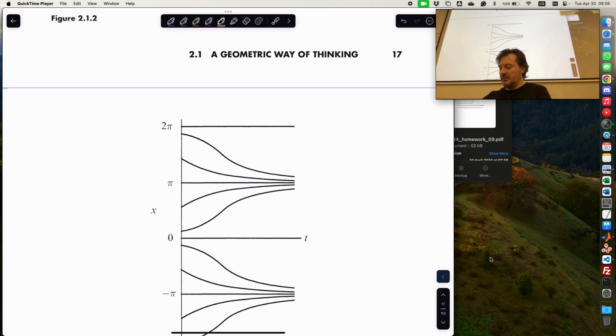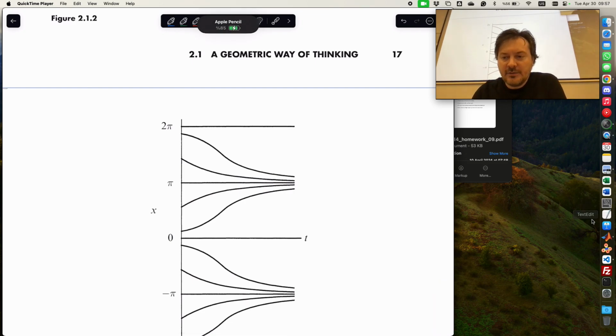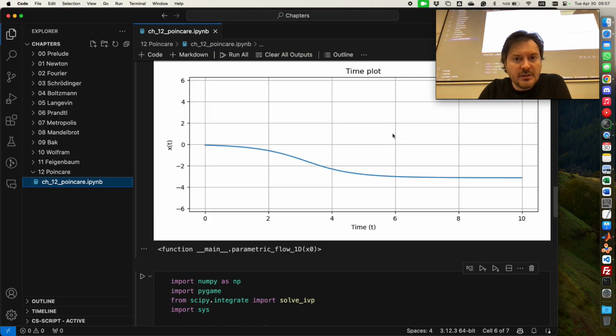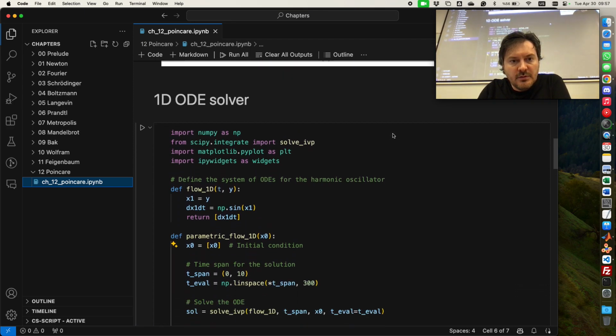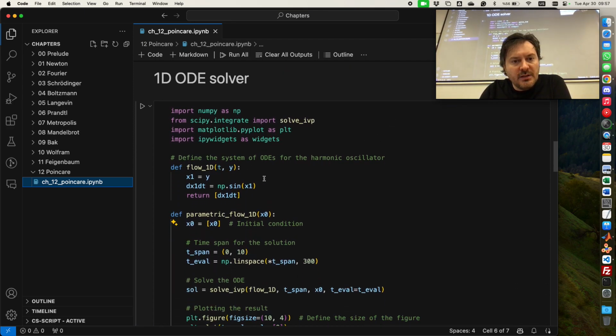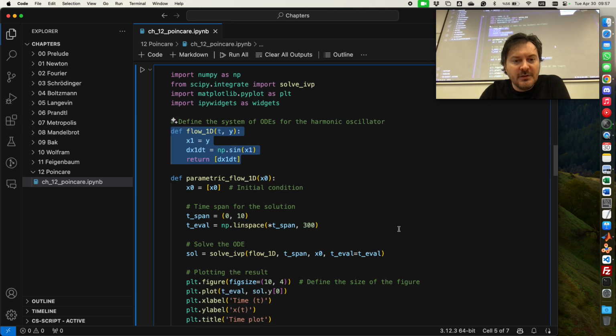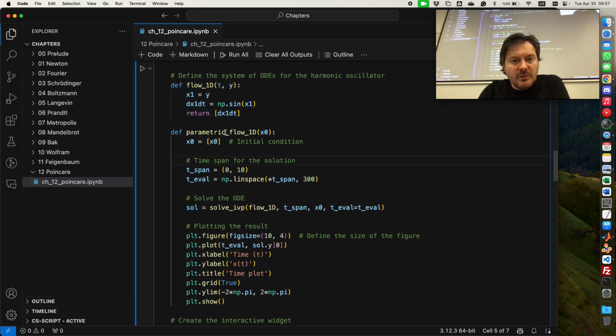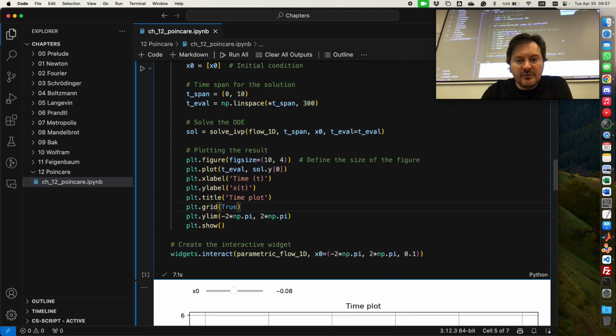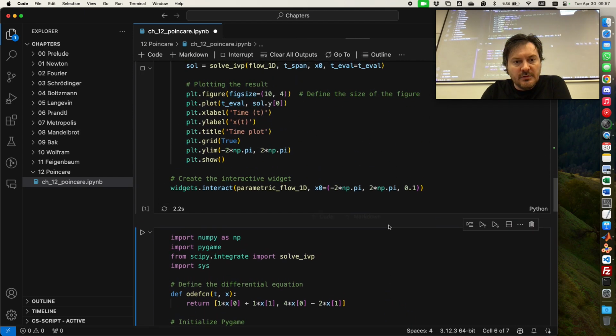Okay. For the sake of having a code, we can look at this thing. I'm using an ODE solver here. I'm not even bothering writing a code that solves it properly, but it solves it properly, right? And we can change the initial conditions. So let's run it.